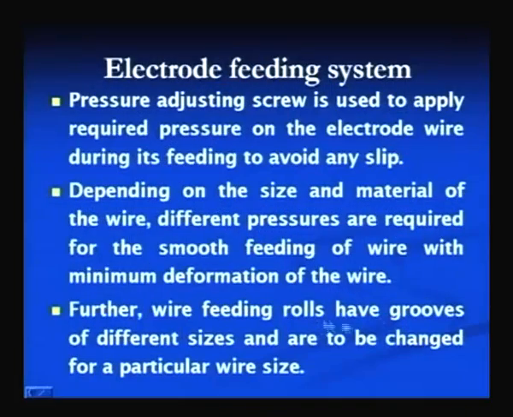Further, wire feed rollers have grooves of different sizes, and therefore the rollers are to be changed as per needs. Means with a change in wire size, the rollers may be required to change to feed the electrode wire at the desired speed, so a specific roller size will be suitable for a specific wire.